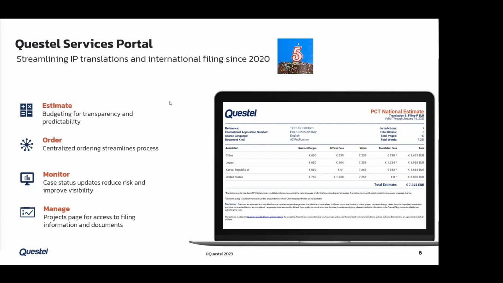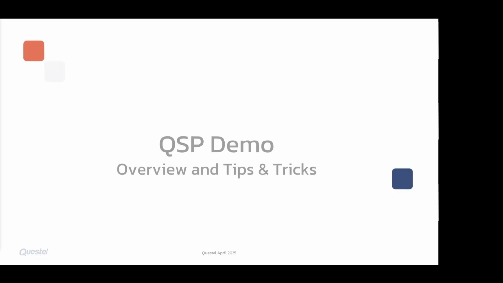So these are the key functionalities, but for sure there are some more details to it, and also some new features that have been implemented recently. And now I want to give the word over to Jessica, who will present in practice a bit more on what's new and the tips and tricks around it.